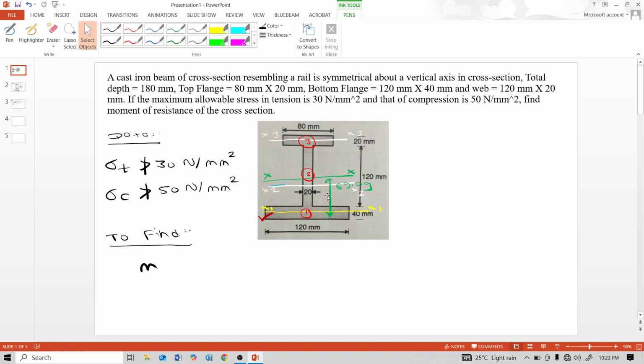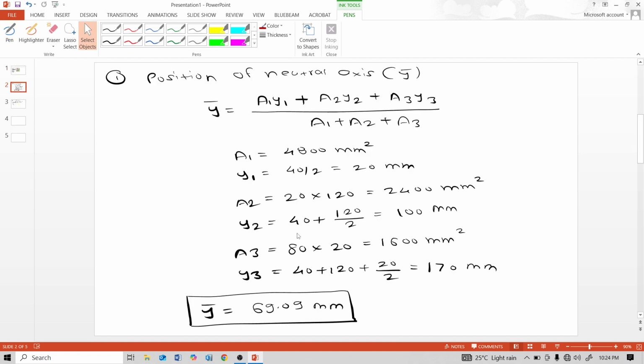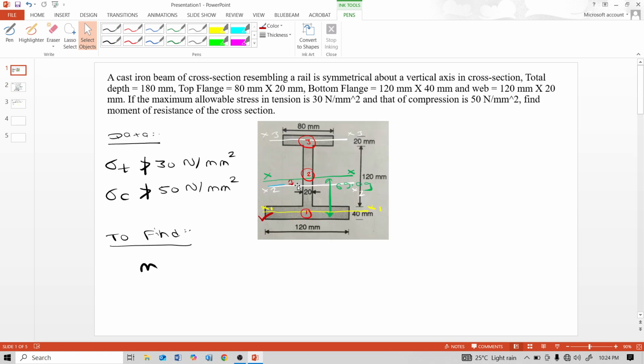That means 20 multiplied by 120 cube divided by 12 is the moment of inertia for only this web part, plus the area of this web part, 2400, multiplied by the square of the distance between the x axis and x2 axis. The x2 axis is above this 69.09.